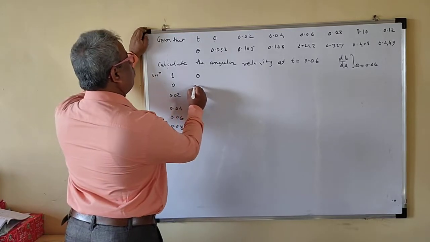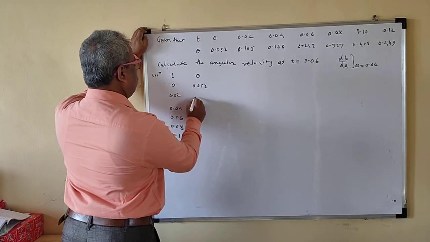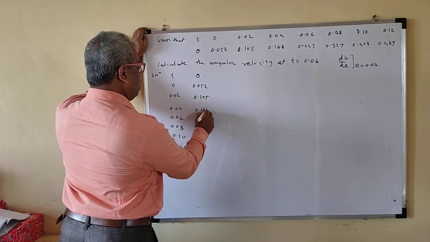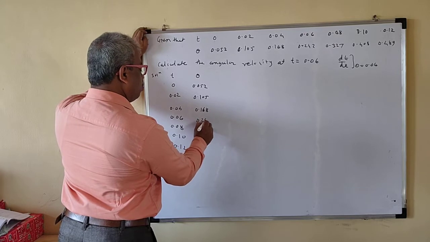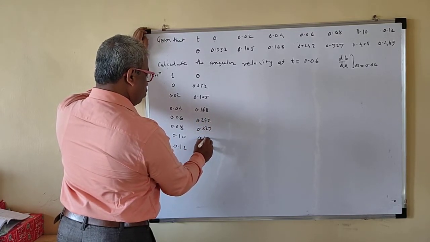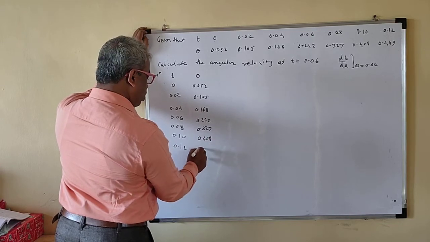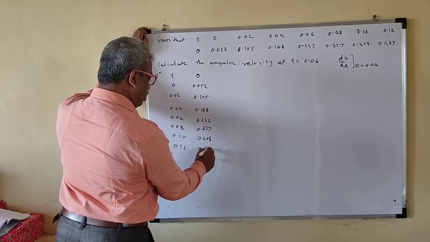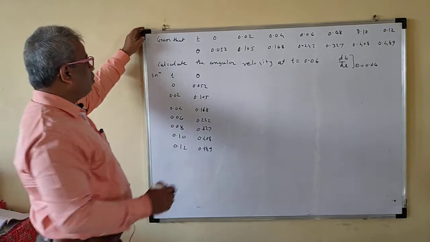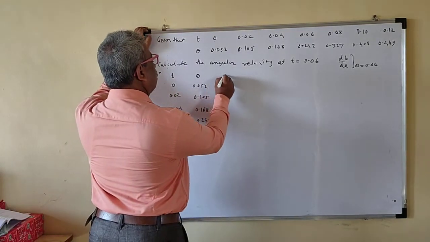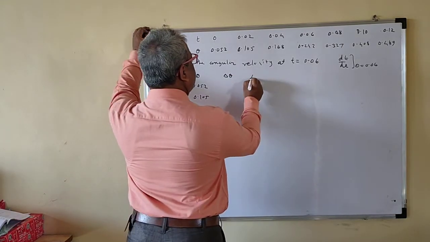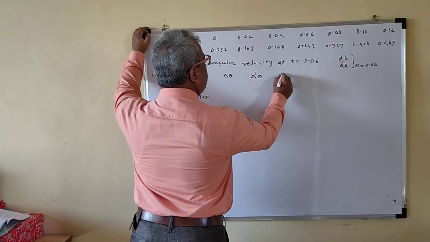The values are 0.052, 0.105, 0.168, 0.242, 0.327, 0.408, 0.489. Okay, this is theta. Now del theta, del square theta, del cube theta.